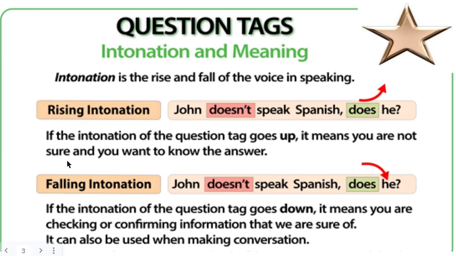It means you are not sure and you want to know the answer. John doesn't speak Spanish. Does he? You see? Funny intonation. But when we are sure, it's a confirmation of the information and we can use it in conversation.